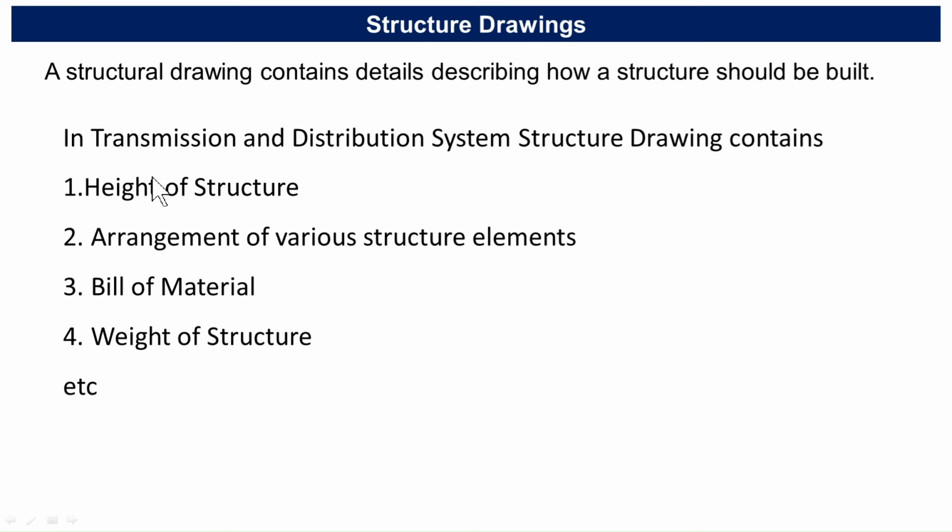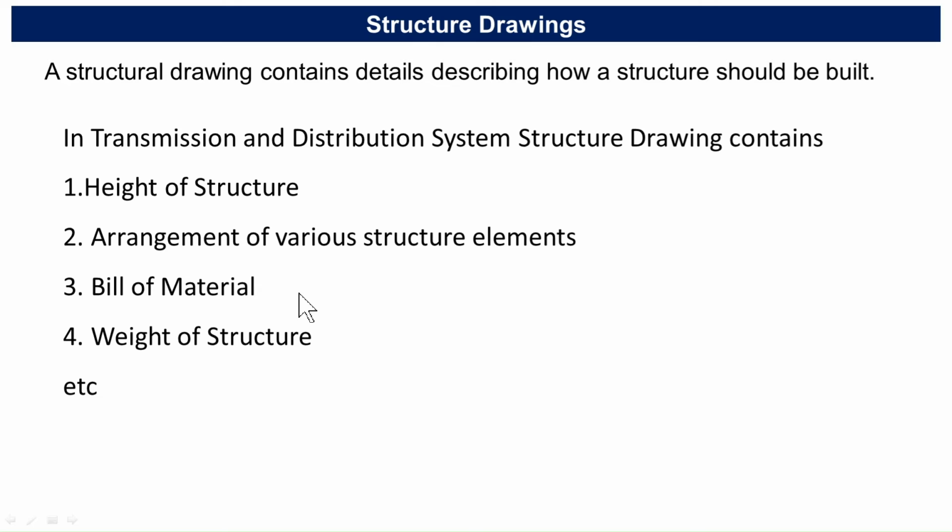It contains information about the height of the structure, arrangement of various structural elements like V-crosses, clamps, insulators, bill of material, how many clamps are used, how many insulators are used, how many poles or towers are used, and what is the angle deviation of the tower. All these things are mentioned in the structure drawing.